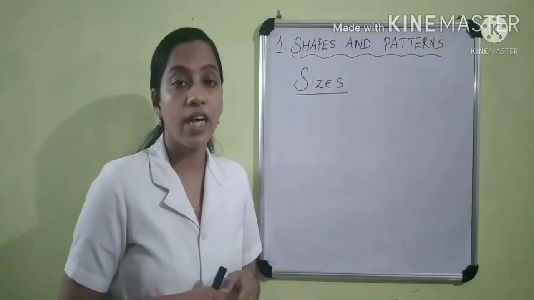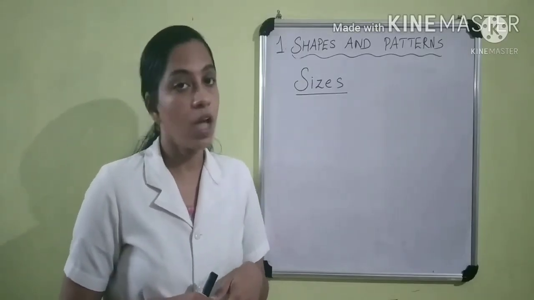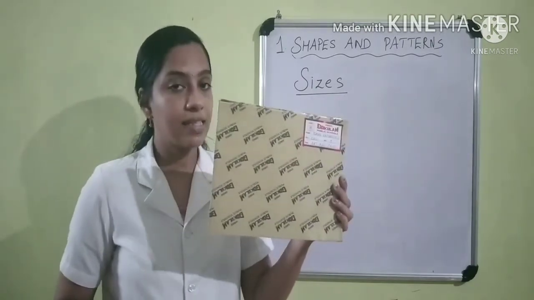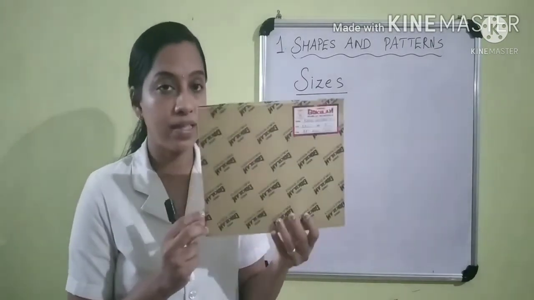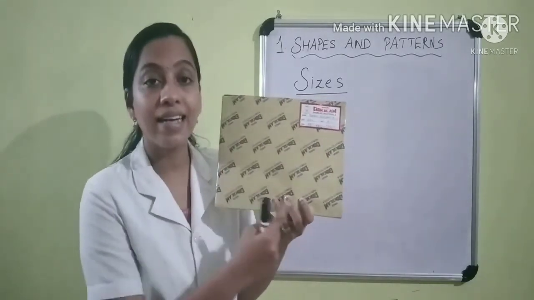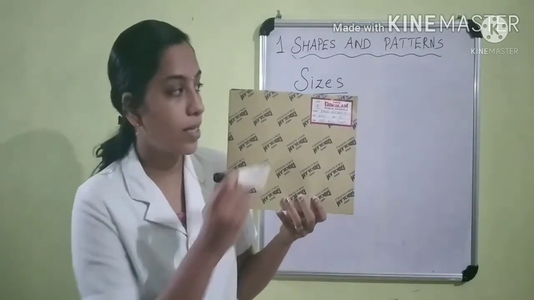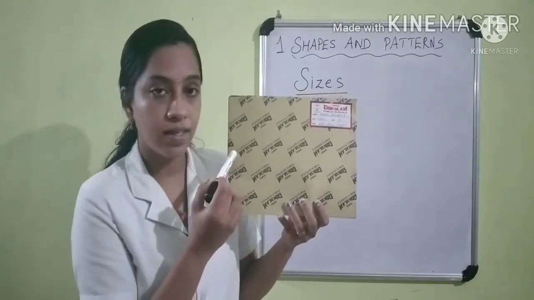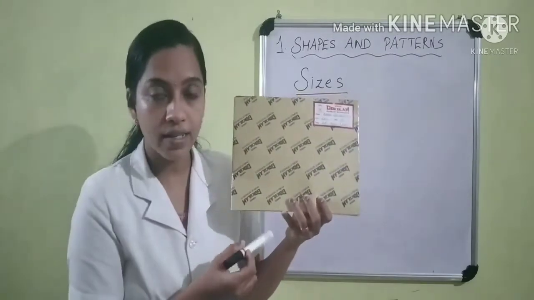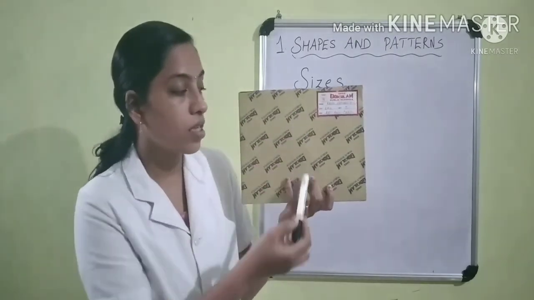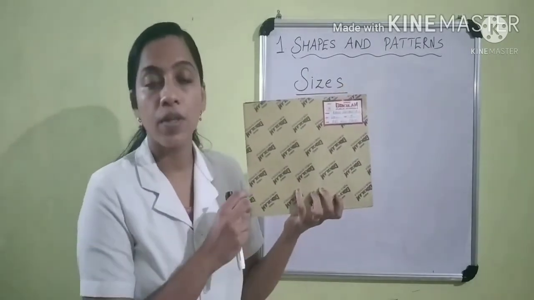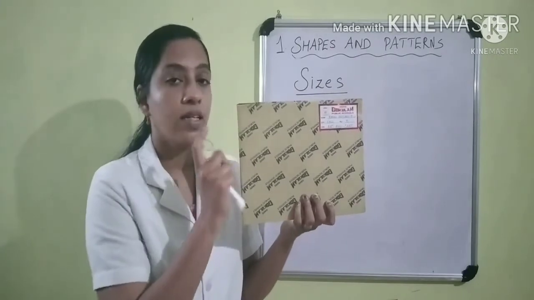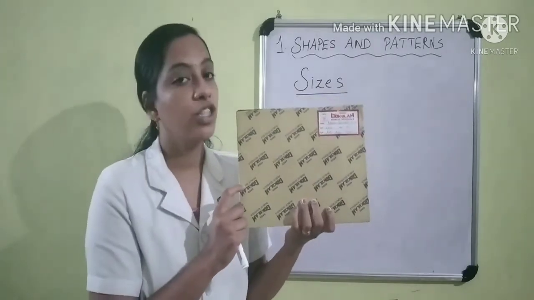Next, we are going to learn about the size of the shape. Okay, tell me children, what is this? Yes, this is a book. Tell me which shape is this? Yes, this is a rectangle shape because it has 4 sides, then 4 corners, and also it has 2 long sides and 2 short sides. So we can say that this is a rectangle shape.